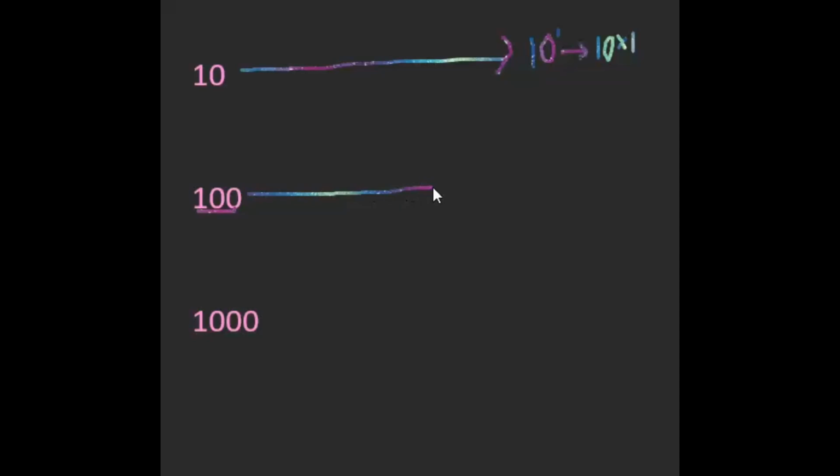So this can be written like this, so 10 times 10. Okay, so 10 times 10 is 100, but when you're writing an equation you don't want to write all of this, so there is an easier way to write down 10 times 10, or 100.